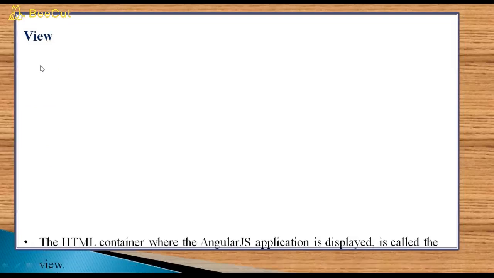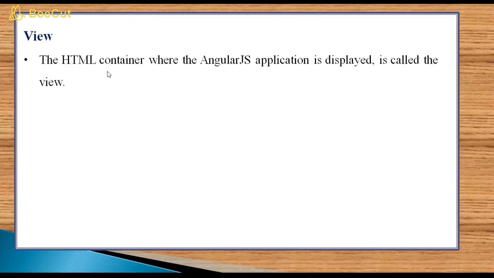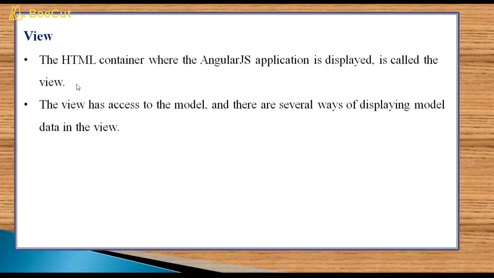Now the view. The HTML container where the AngularJS application is displayed is called the view. The view has access to the model and there are several ways of displaying model data in the view.